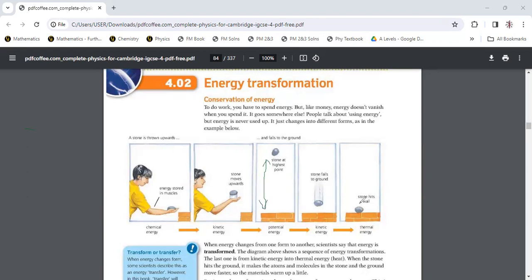And once it falls down, it's kinetic energy. And once it hits the wall, it will be transferred to thermal plus sound, because usually when you throw something and it lands on the table, it also produces some sound energy. For example, if I throw this pen right now, energy is also dissipated as sound.